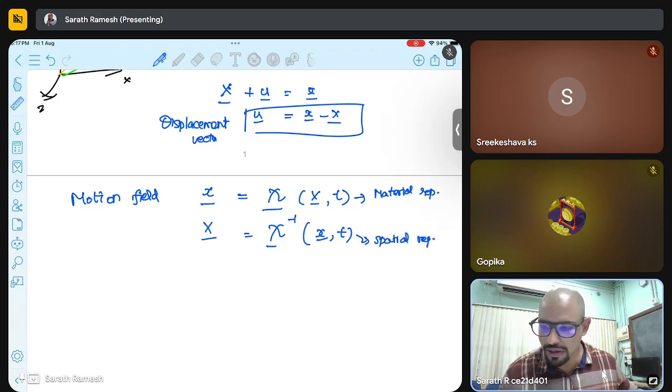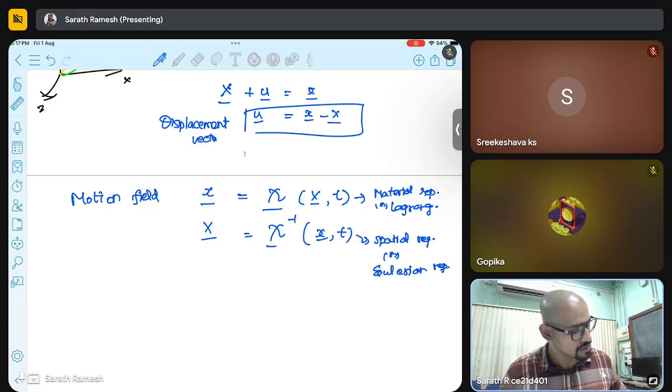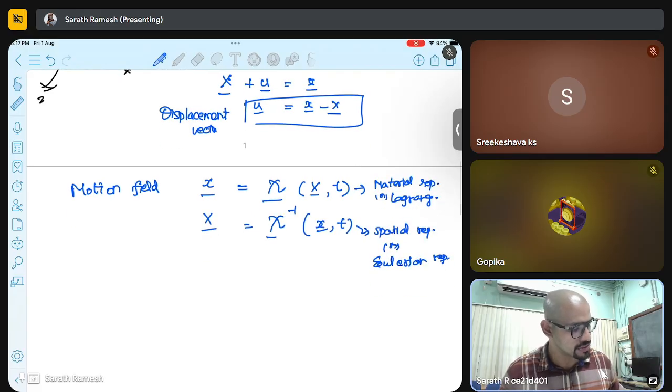Material representation we also call Lagrangian representation, and spatial representation we also call Eulerian representation. So this is the basics that would have been covered in the lecture.